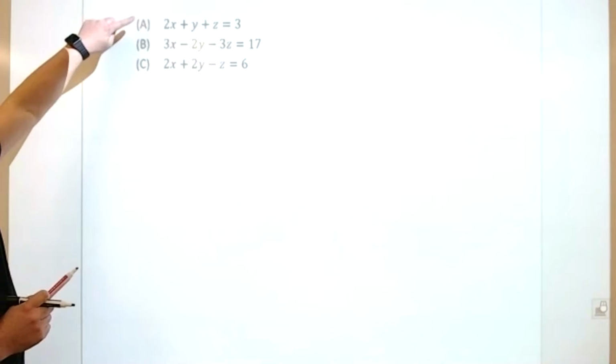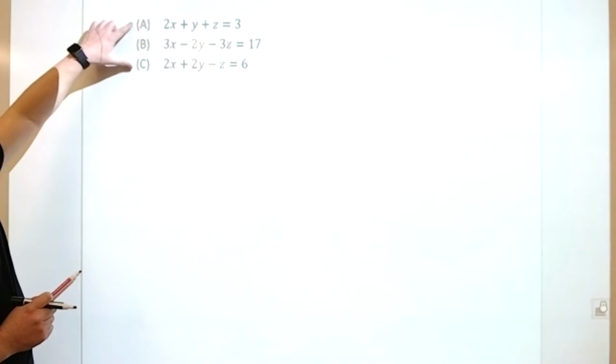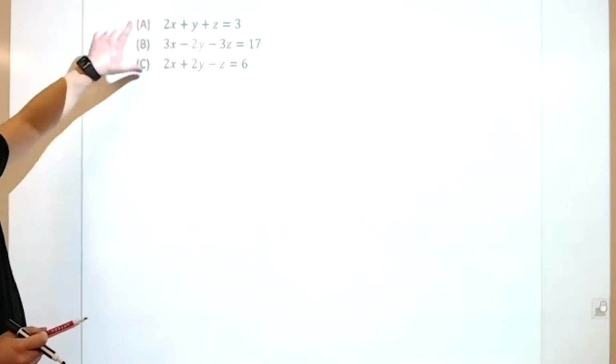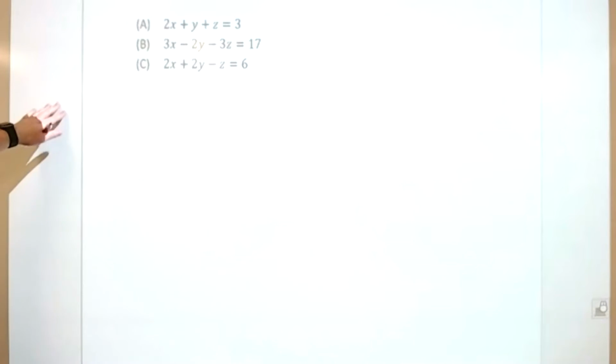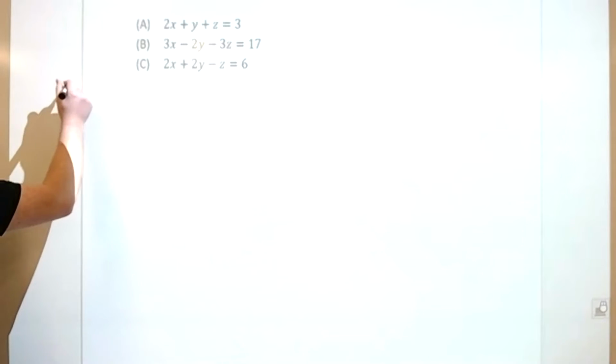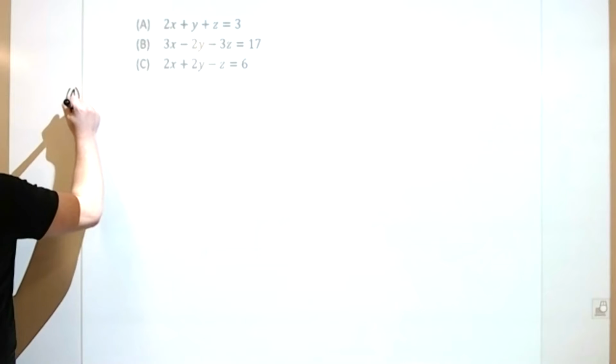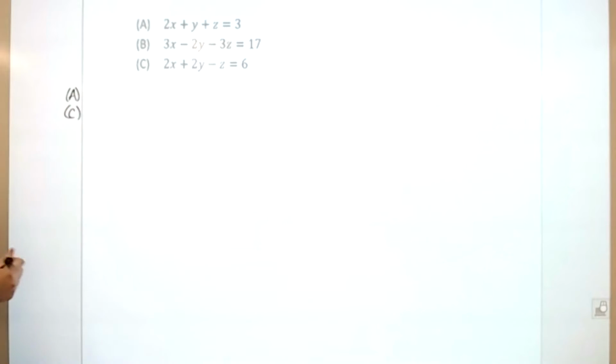If I use equation A and equation C as my combination of two equations, I don't need to do any work there because they already match, 2x, 2x. So over to the left, I'm going to write down that I'm going to start with A and C. And I don't have to do any multiplication there.